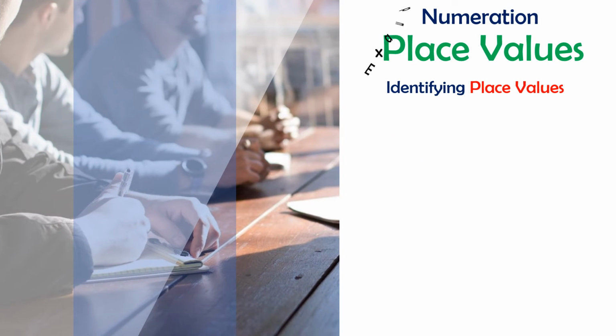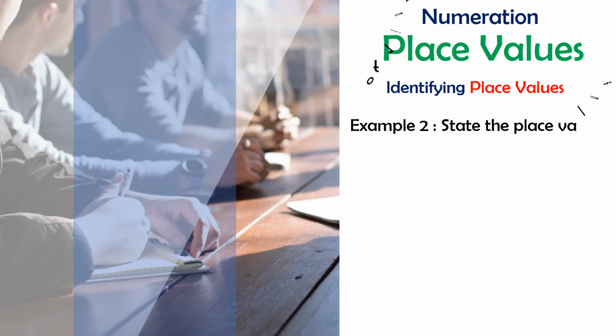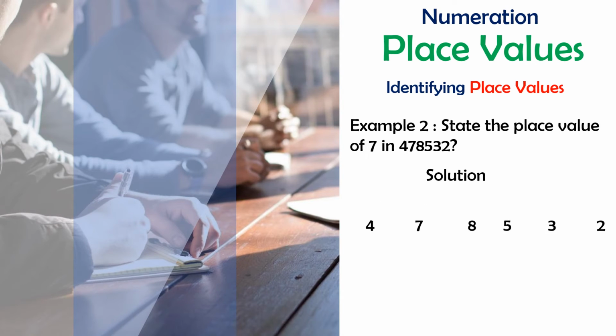The next example you are going to look into here is that I want you to state the place value of 7 in 478532. So, first of all, write a solution, then specify the numbers. Make sure you specify them very well. Then after doing this, you fix the place values on top. Let's start. Unit, tens, hundred, thousand, tens of thousand, hundreds of thousand.